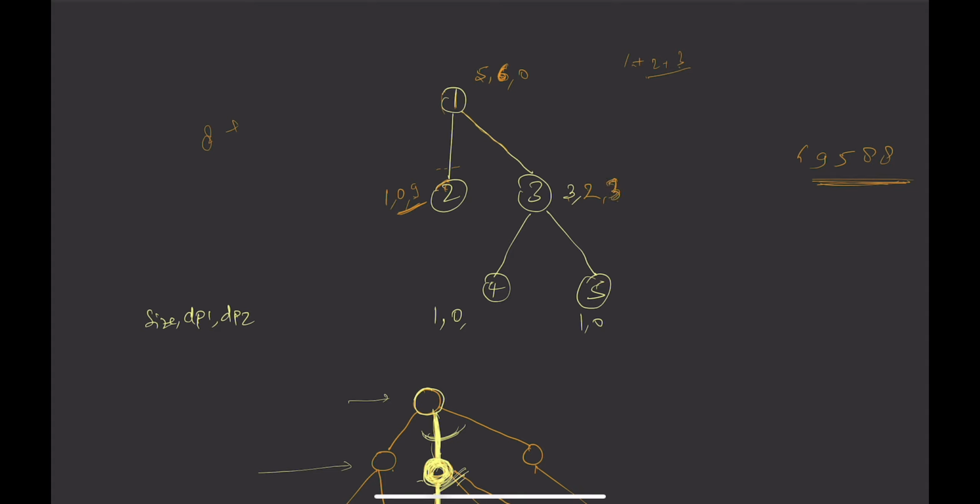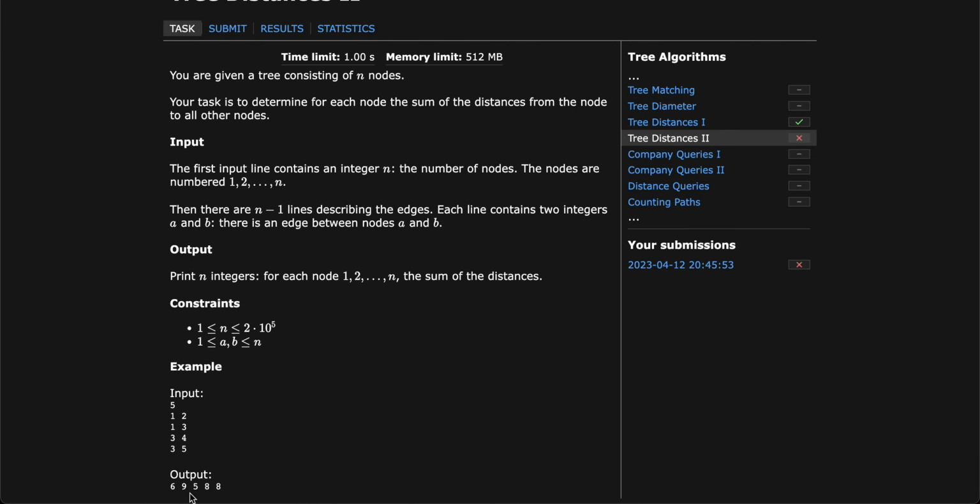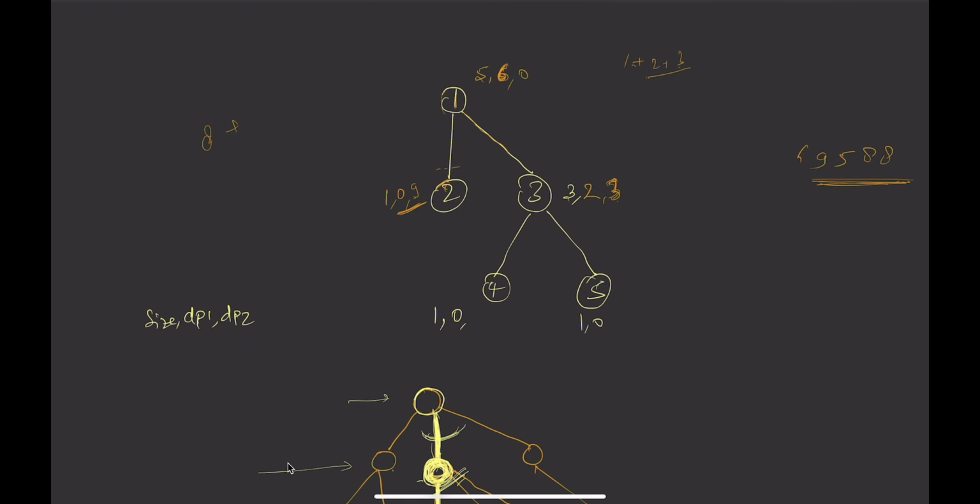Is it 5 for 3? Yeah. But how is this calculated? It is nothing but for its parent, that means go to 1, for 3.